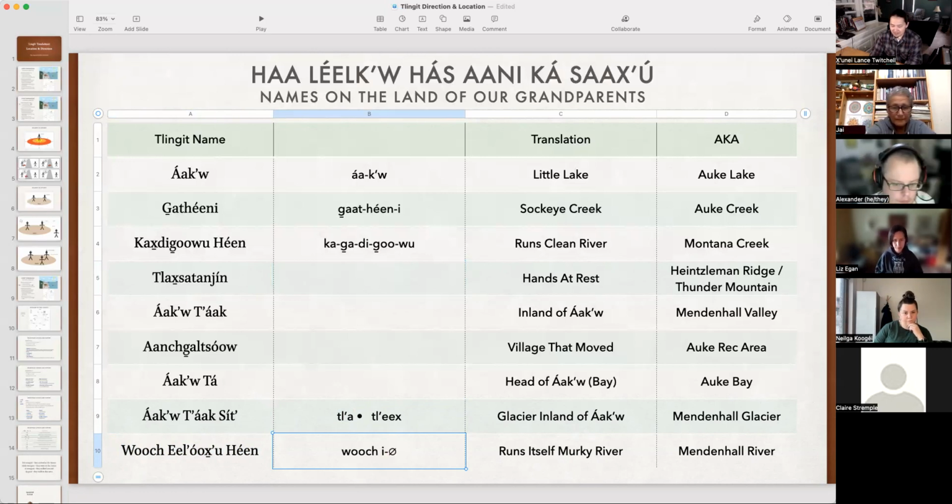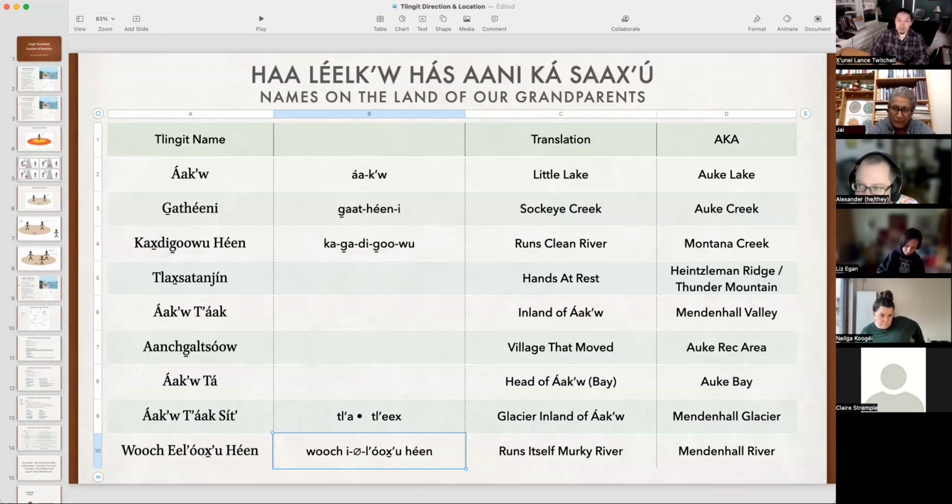There is a classifier in here. The word is for water that is murky or silty, but it's also for fish spawning, especially herring, because they milt up the water.